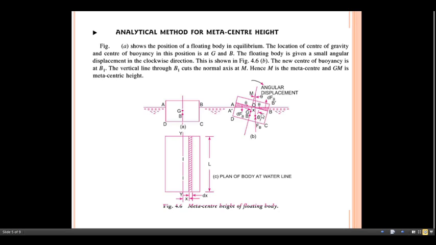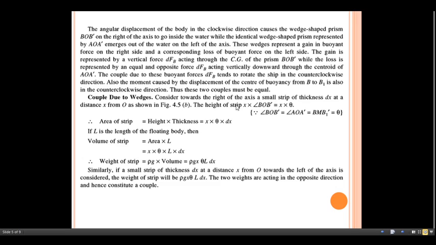Here we get B O B dash towards the right side. Similarly, we can get another wedge shape, A O A dash, which emerges out of the water on the left of the axis.